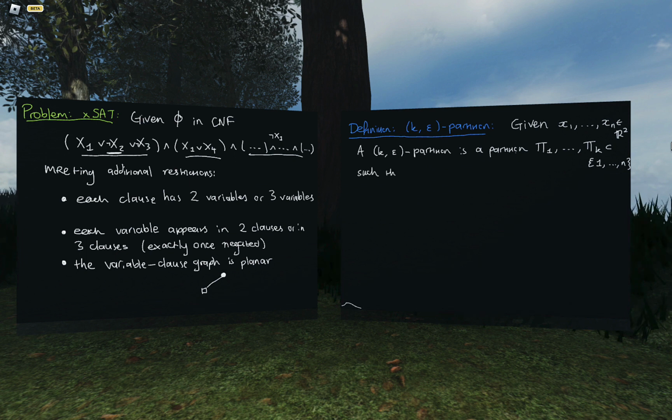Such that the uniform distance, or the L infinity distance, the maximum such distance in any group, which you could call the diameter of the group, between any 2 points in the same group, is at most epsilon.